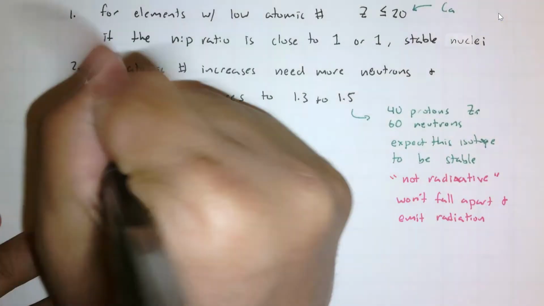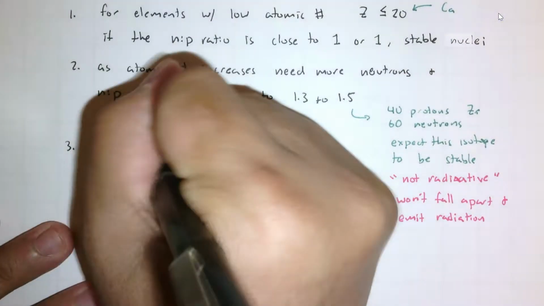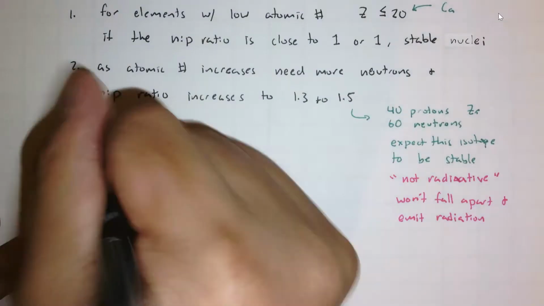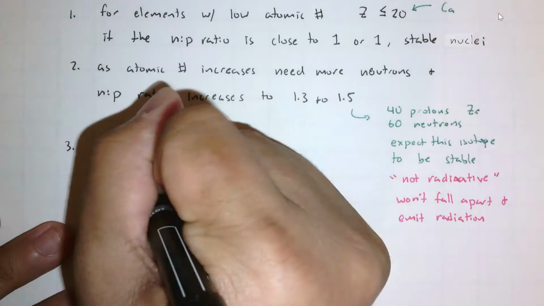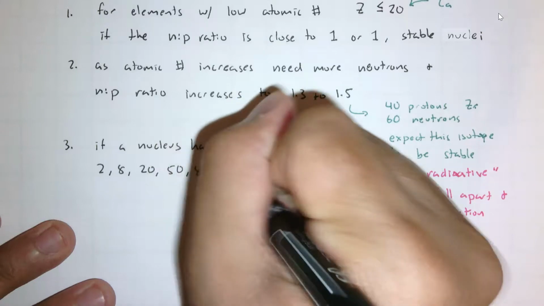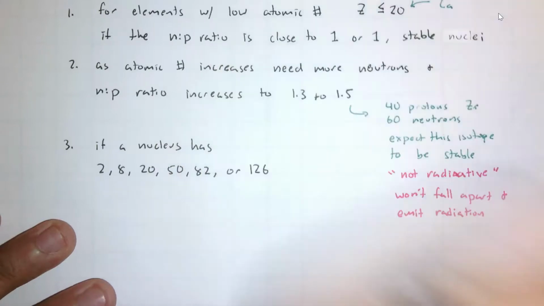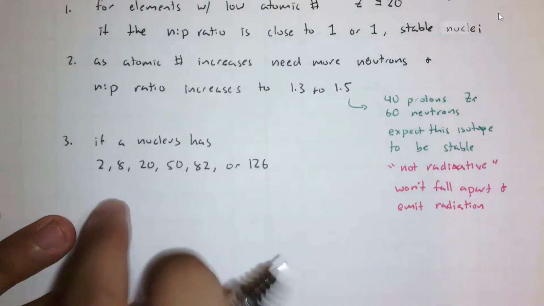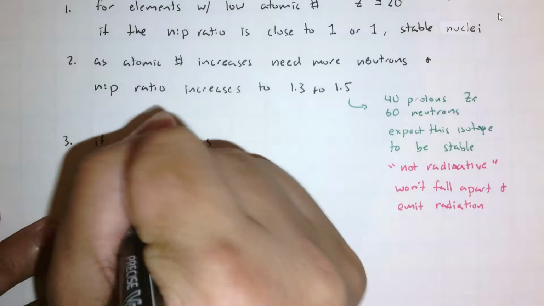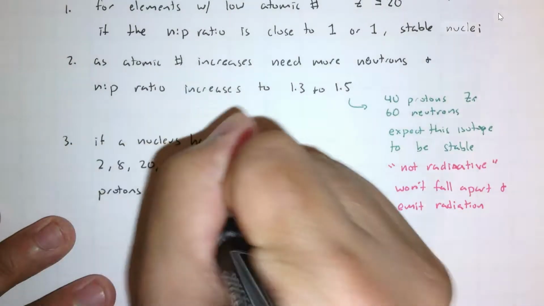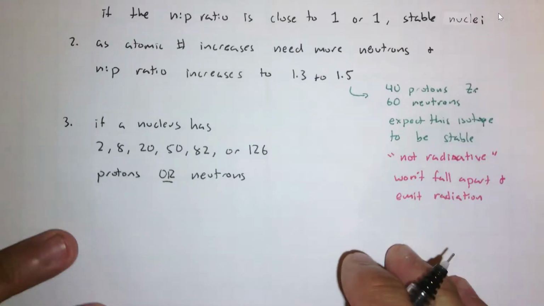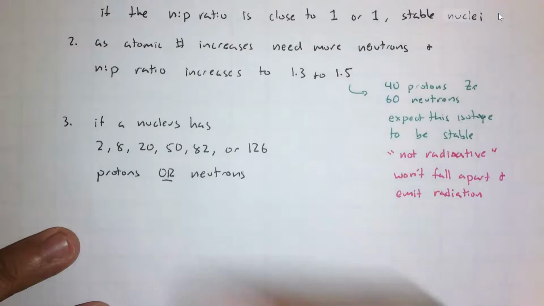If a nucleus has, memorize these numbers, 2, 8, 20, 50, 82, or 126 protons or neutrons, that atom nuclei is likely stable.